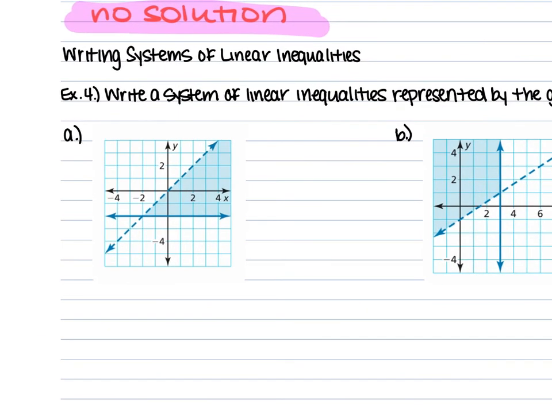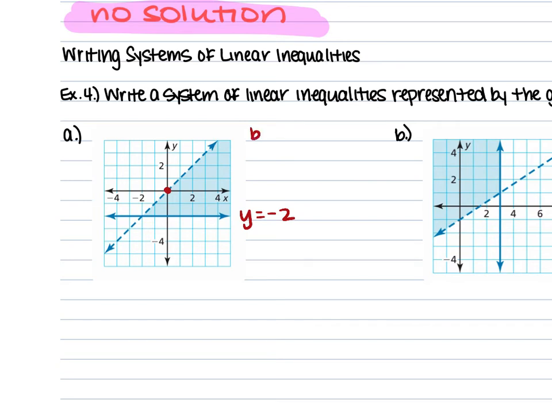So for example A, I'm going to work with that solid horizontal line first. I know that since it's a horizontal line and it goes through the y-axis at negative 2, that's just y is equal to negative 2. Now, if I look at that diagonal line, I have a y-intercept of 0, 0.